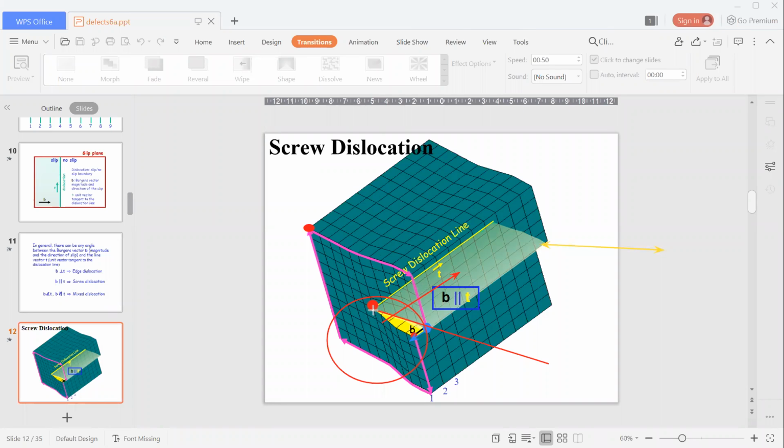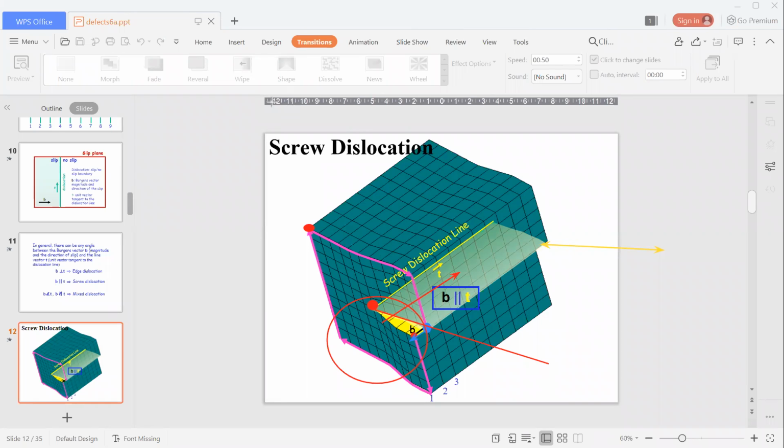So what you can see is under the shear force, your atomic layers on the top of this yellow plane have shifted, but this time the shift is a half multiple integer of the atomic translation. Remember, in the previous case, the first atomic plane shifted over the second one, the second one has shifted over the third one, and the third one has gone on the top of the fourth one.